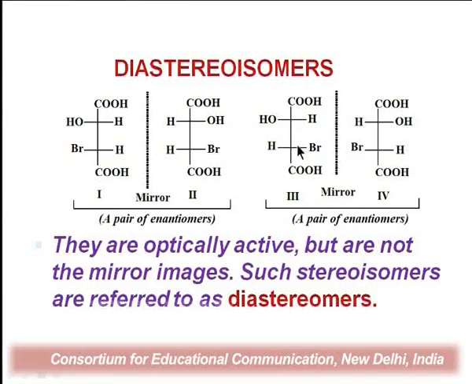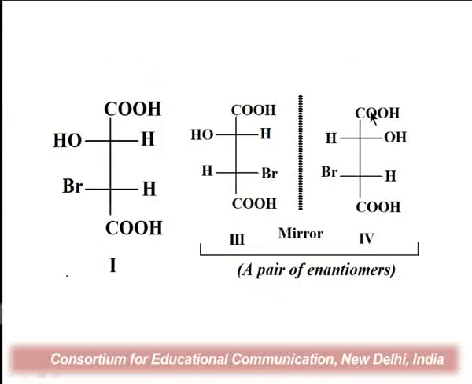So we find that if you compare molecule 1 to molecule 3, and 1 to 4, these are not mirror images of each other. Each one of them is optically active because it has dissimilar chiral carbons in it, but they are not mirror images of each other. So let me explain this in detail.